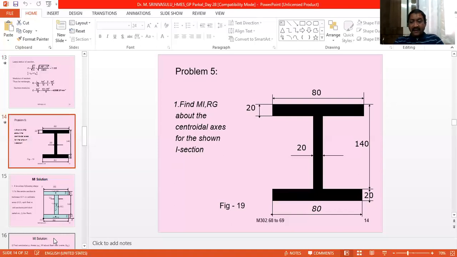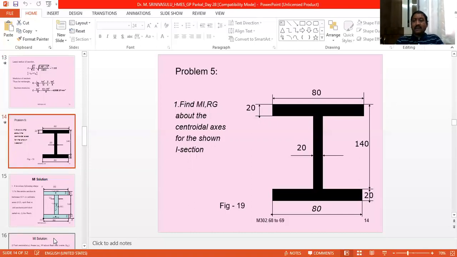This I section is nothing but it is composed of three rectangles: the top flange, the bottom flange, and in between the web. The top flange and bottom flange are horizontal rectangles, and the web is a vertical one. The flanges are connected by means of the web.